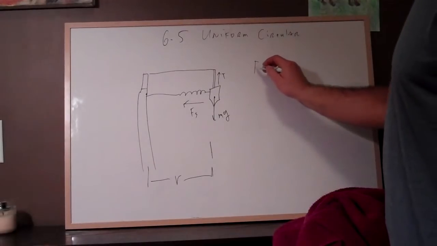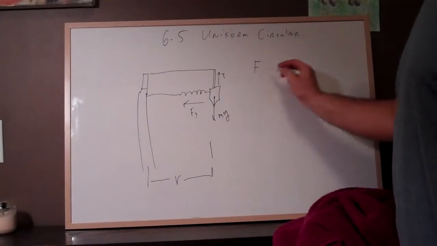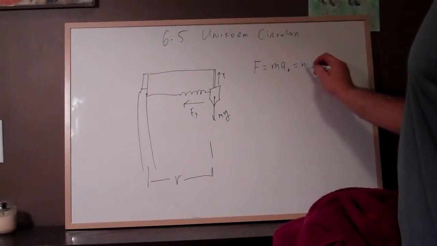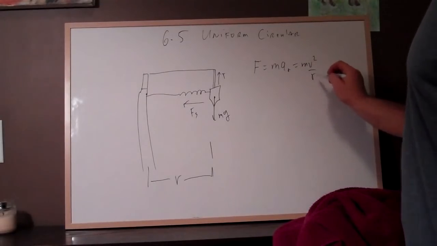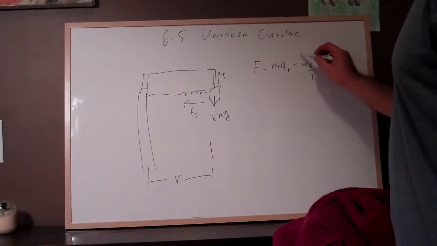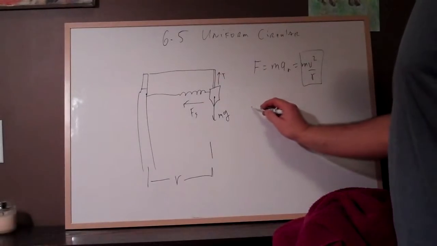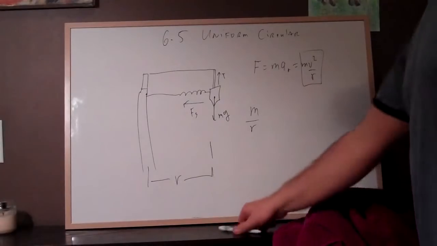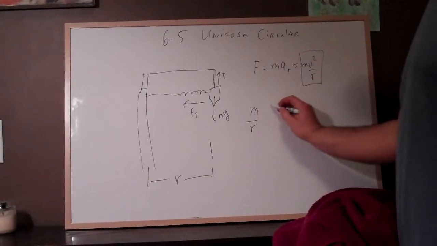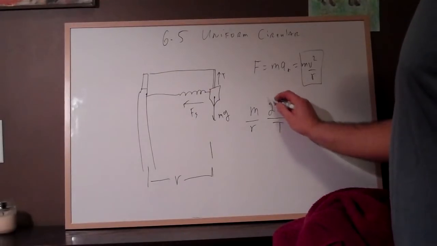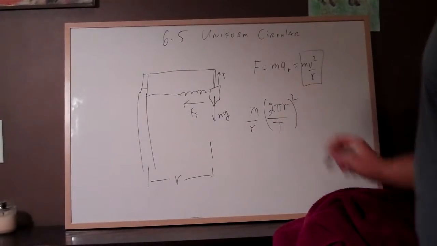So we have the net force is ma, radial acceleration, mv squared over r. Good, and we could actually figure out what this force is by looking at this part of the equation. So m, here's the r. Now I'm going to work with this v squared part. Distance around would be 2 pi r divided by the period, and I could square that.